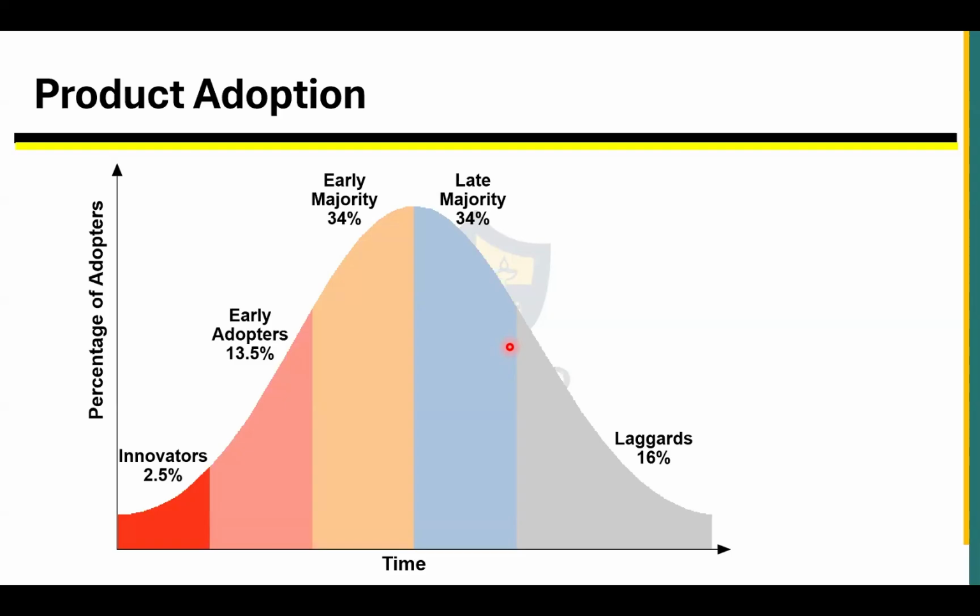The innovators are the people who really go behind innovations. When there is an innovation, before it comes to the market, they place their orders. Maybe some of you would fall into this category.